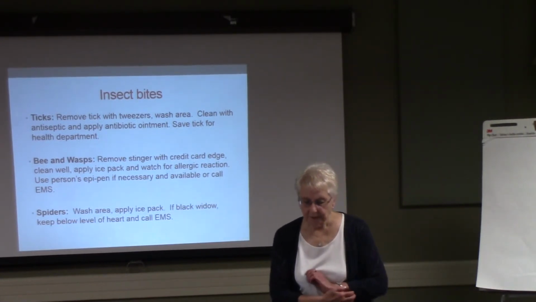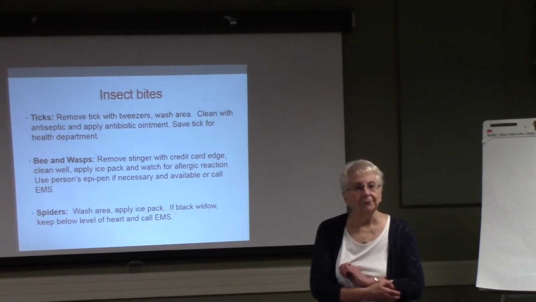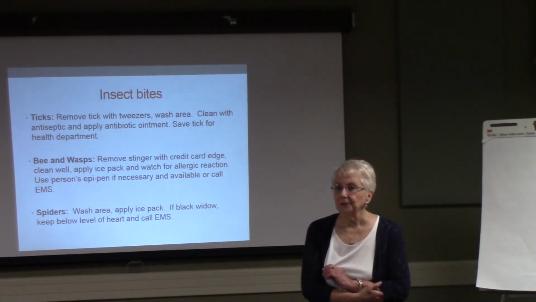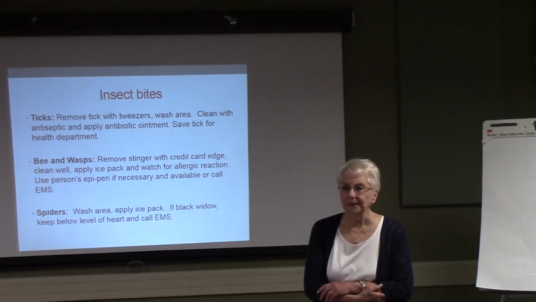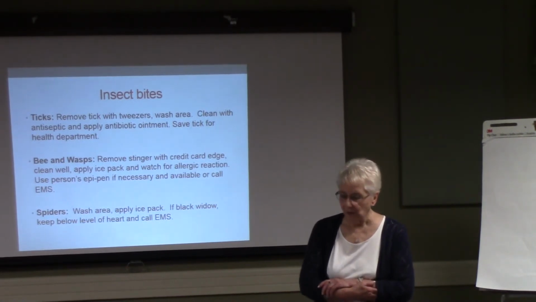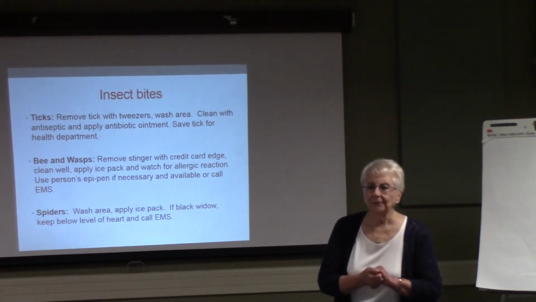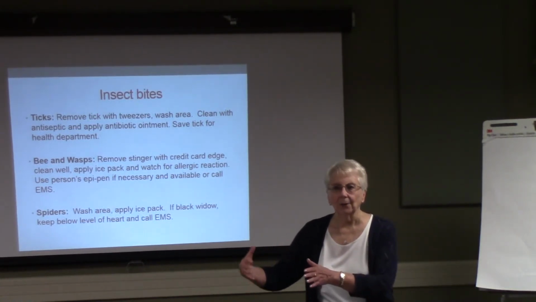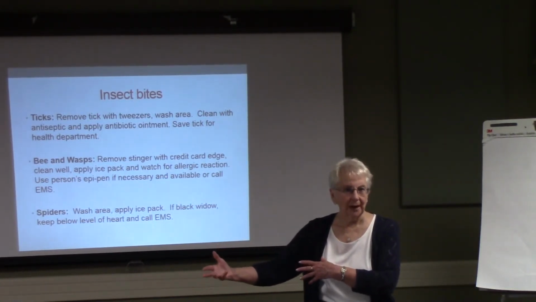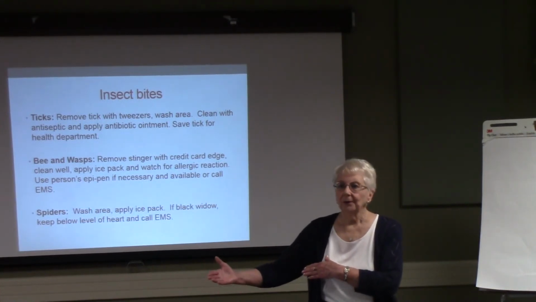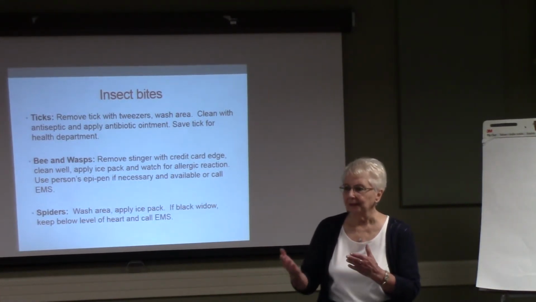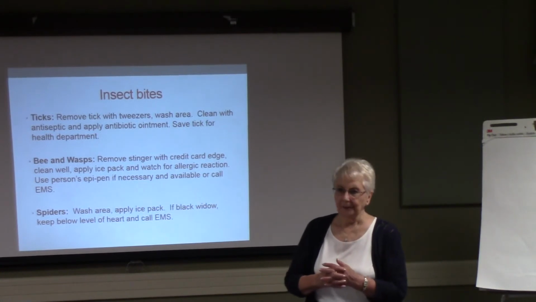Bees and wasps: the main problem would be if you're really allergic, you'd have to have an EpiPen and keep it on hand. If not, call the squad if people start having problems. And this can happen maybe an hour or even 2 hours after you actually get stung. So if someone has a bee sting, keep an eye on them.